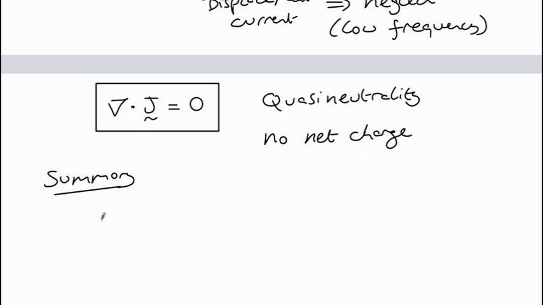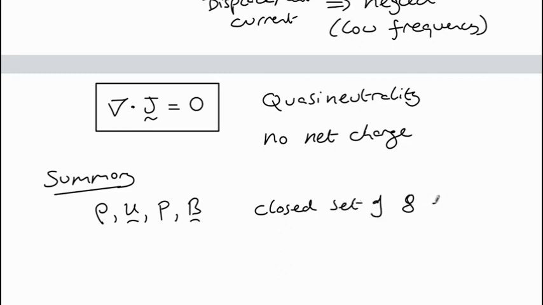So we have the usual fluid equations, so mass density, flow velocity, and pressure. And now we also have an equation for magnetic field. And so it's a closed set of 8 equations, because we have 3 from the velocity and 3 from the magnetic field.